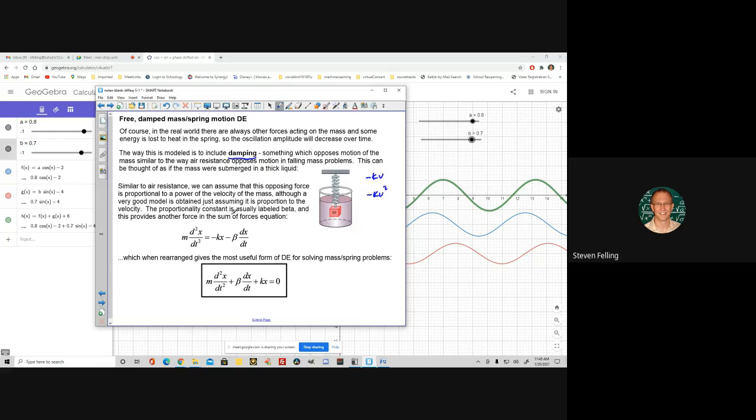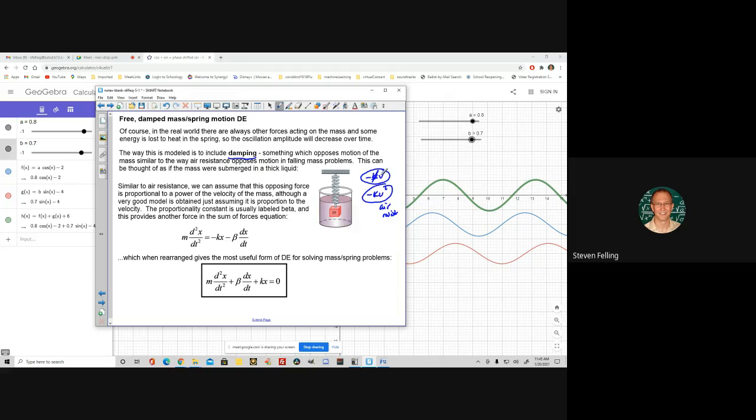It turns out that for air resistance, this was the right model. Air resistance does vary as the square of the speed. For spring motion, it turns out that the better model is the linear proportion. So we just take a proportionality constant. We've already used k for the spring constant, so we change this k to a beta. We use beta for the damping constant.